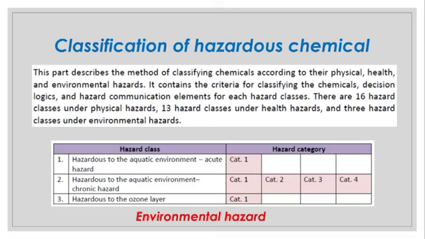If you can see, the table below is environmental hazard. There are 3 classes and their categories. If you want to see the details, you may refer to the Industry Code of Practice and also the reference book, Arrangement of Regulations.